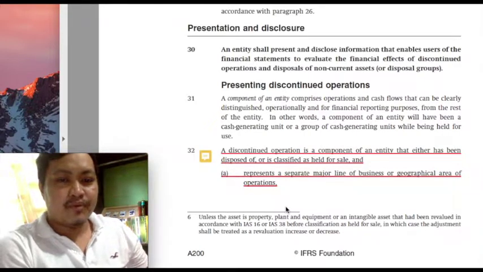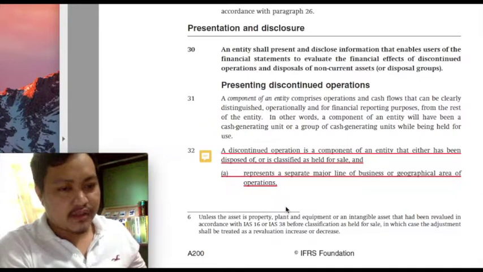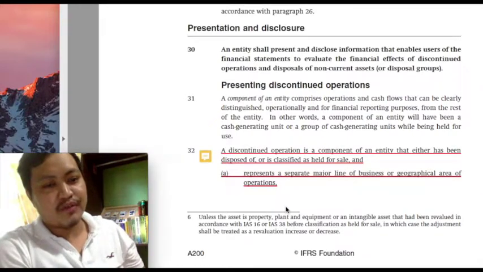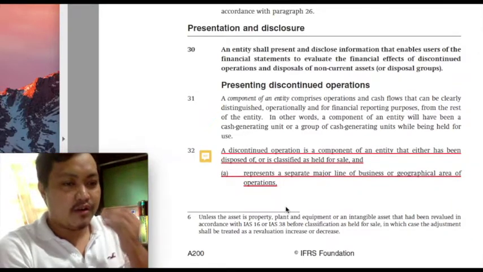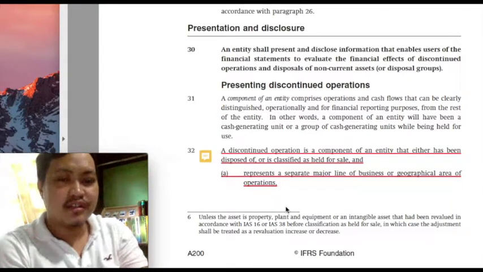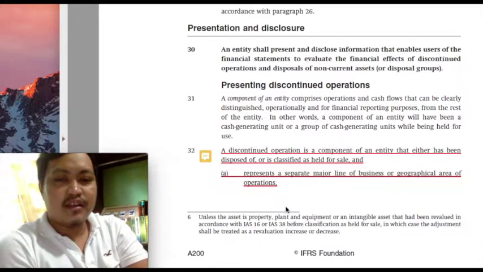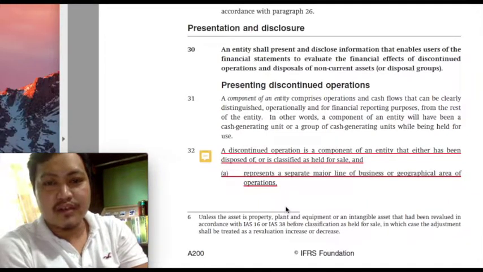Okay, and if we are disposing a substantial amount of assets, it would also tell the financial statement users our level of capitalization, class, our solvency and even liquidity as well.